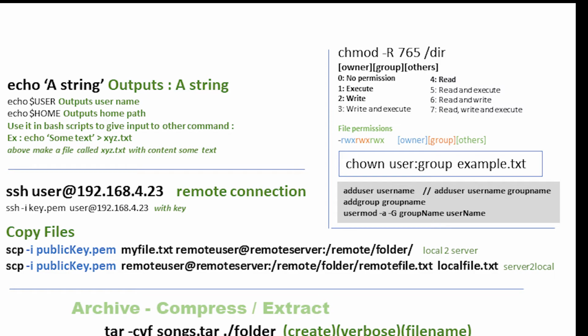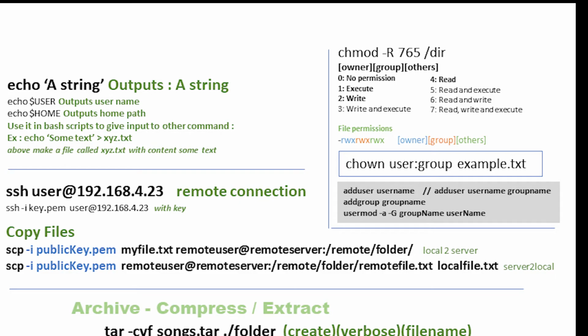And if you want a combination of these, you just add up. For example, if you want write and execute, it's going to be 1 plus 2, 3. If you want read and execute, it's going to be 1 plus 4, 5, and so on. And the flag -r marks it as recursive, meaning it applies your command to all the files, directories, and subdirectories.